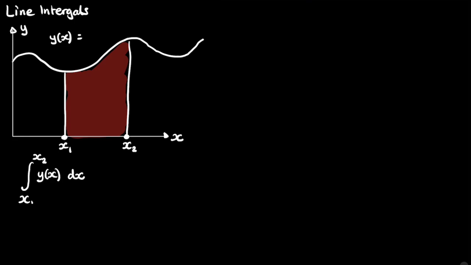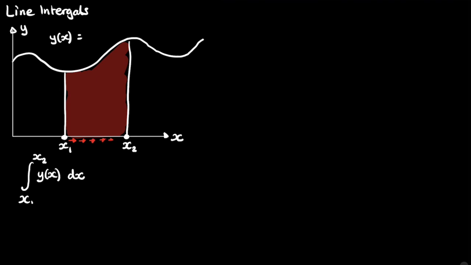But what if we don't integrate along the x-axis? What if we're given a function which we have to integrate along a line right here? So as you can see, we're doing the integral along this x-axis right here.